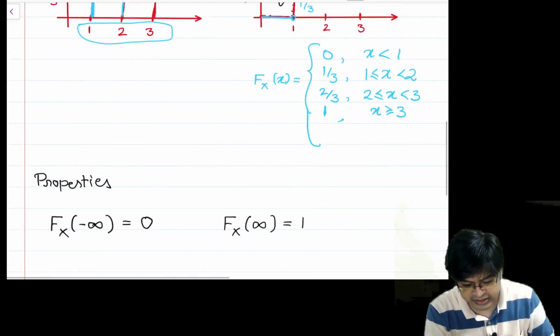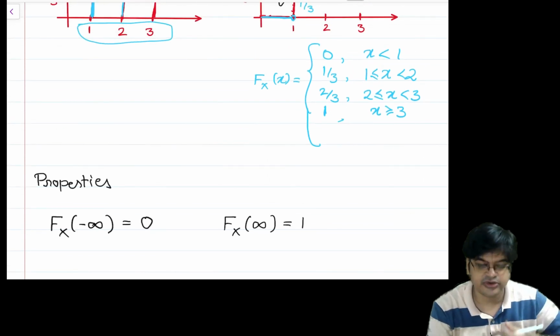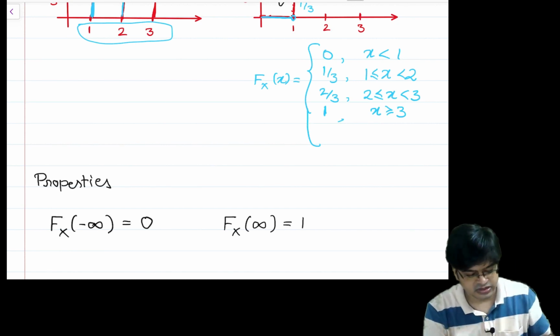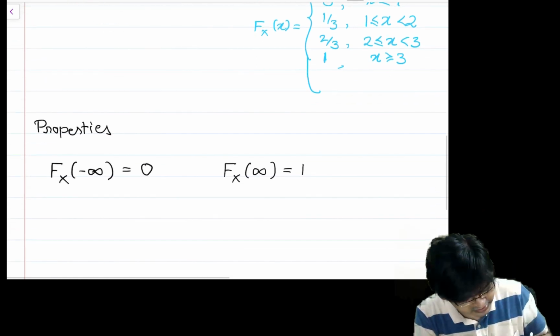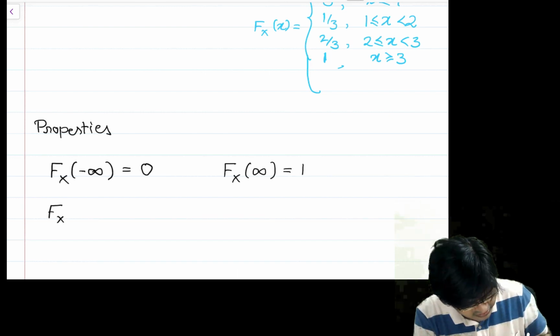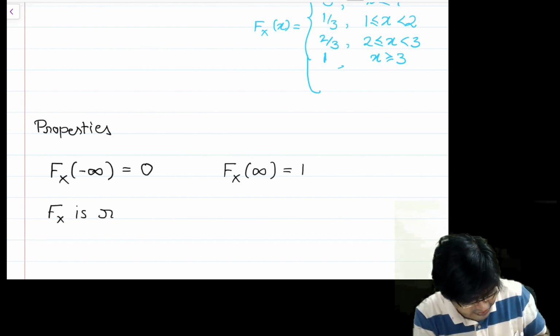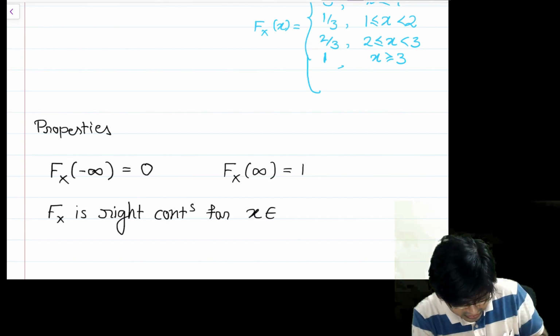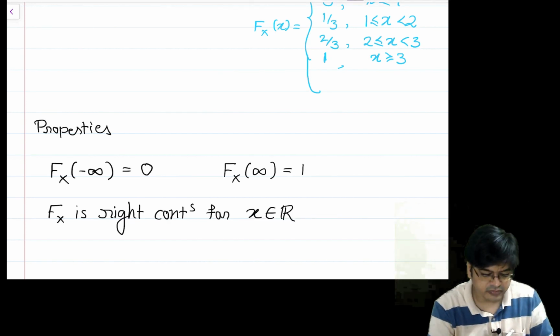Then, as the name suggests, it's a cumulative distribution function, so it cannot decrease. So this F_X is a right continuous function, continuous for all x belonging to R, right?